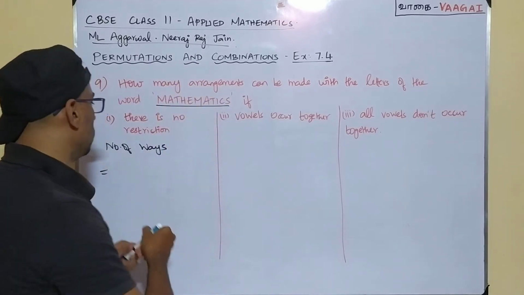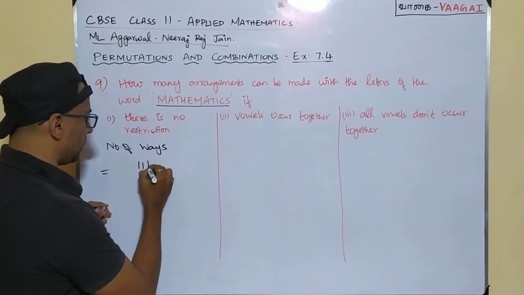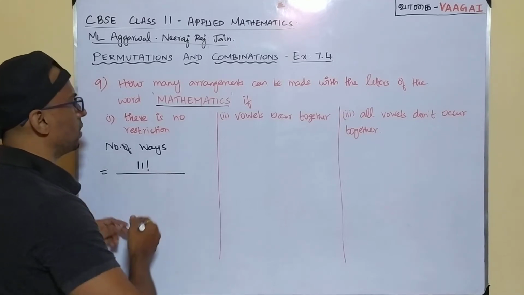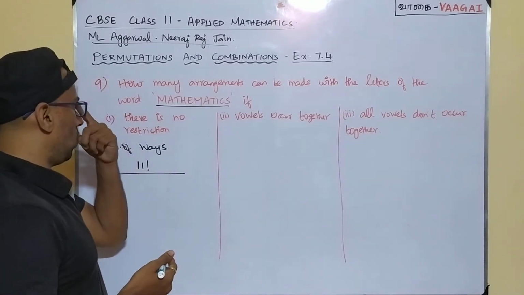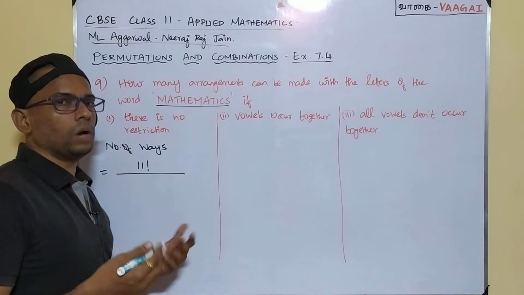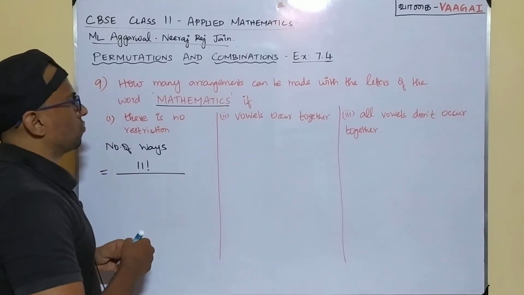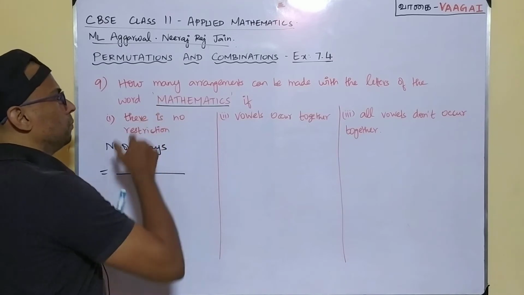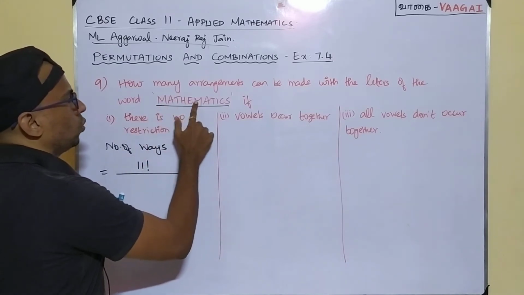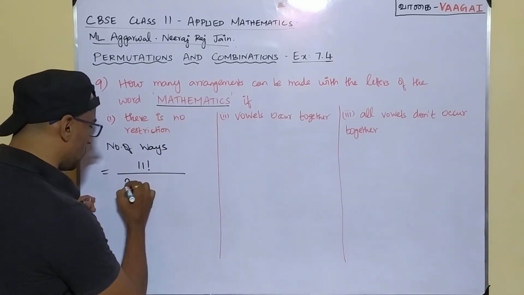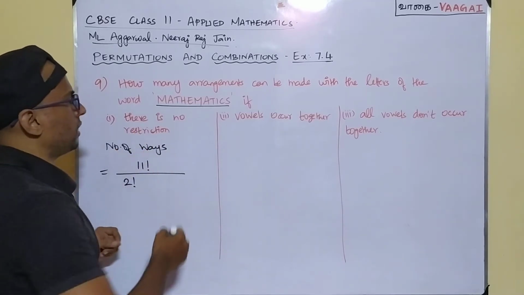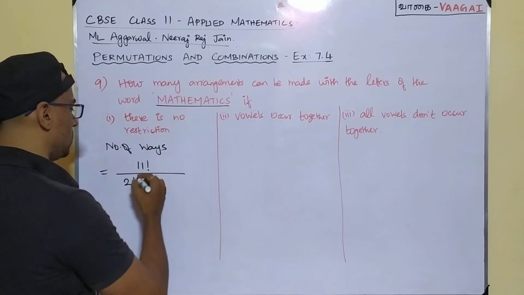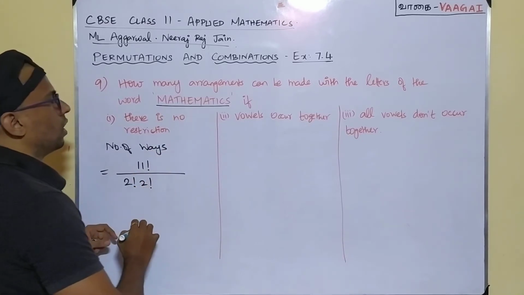11 letters are there. So that means we'll have 11 factorial divided by, and now we have to see the repetitions, right? How many letters are repeated and how many times, that is also important. The letter M is repeating 2 times, so that means 2 factorial. Next, the letter A is also repeating twice, A is here and A is here, so another 2 factorial.